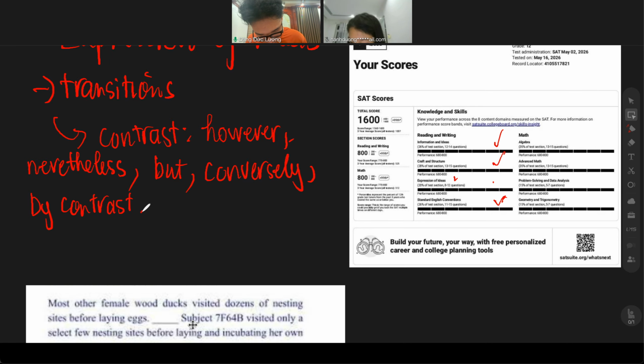The second group, I need to move it down, is cause and effect. It presents a causal relationship between two sentences.